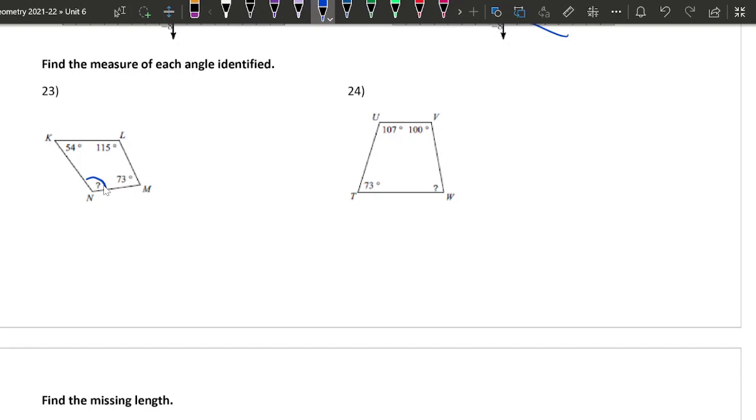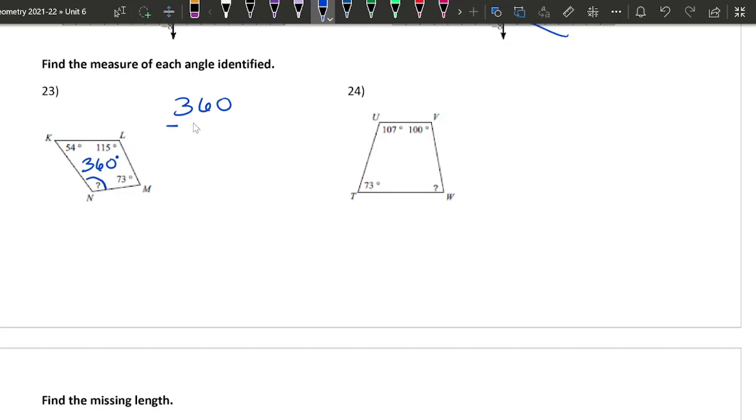So how many degrees are in a quadrilateral? Yeah, there's 360 degrees. So if in total there's 360, can I just say 360 and take away the ones that I know?